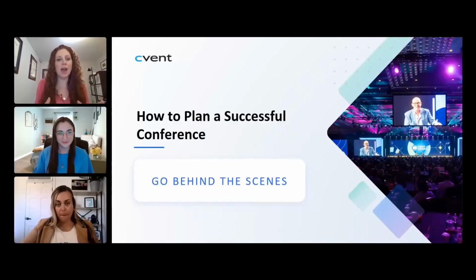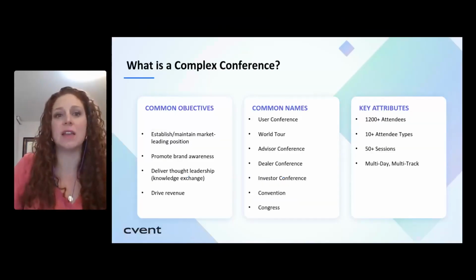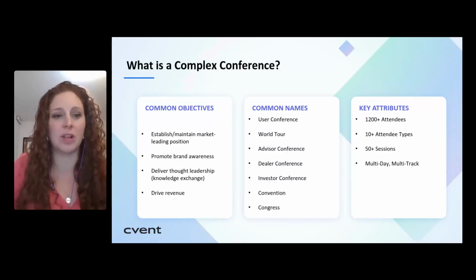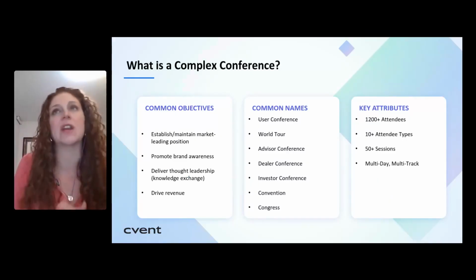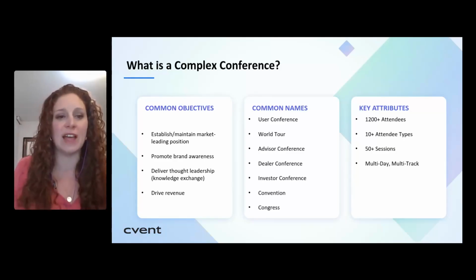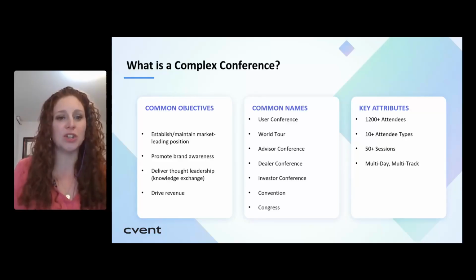Awesome. All right. Well, before we dive into how to plan a successful conference, let's just real quick level set on what we are using today as our definition of a complex conference. Everybody out there could have their own definition, but really we're talking about those events that are larger. They're meant to promote brand awareness. Oftentimes they're about maintaining or creating market-leading position. You're delivering thought leadership in addition to product knowledge.